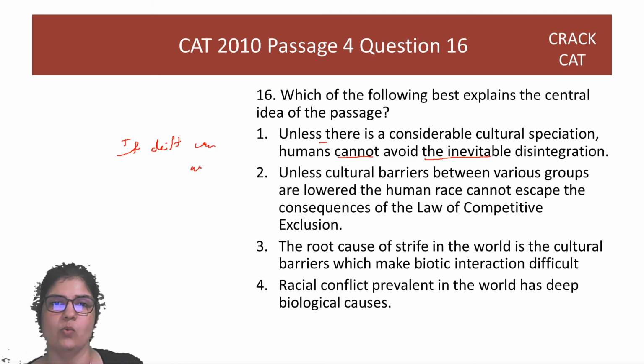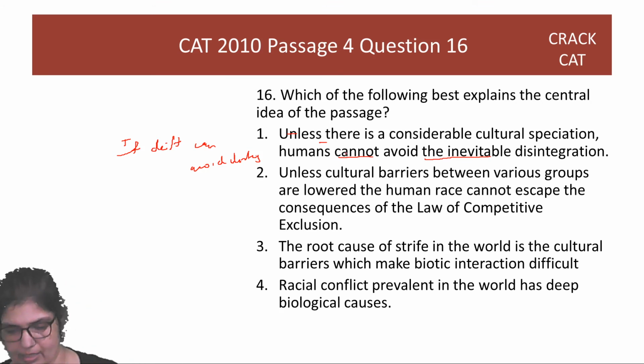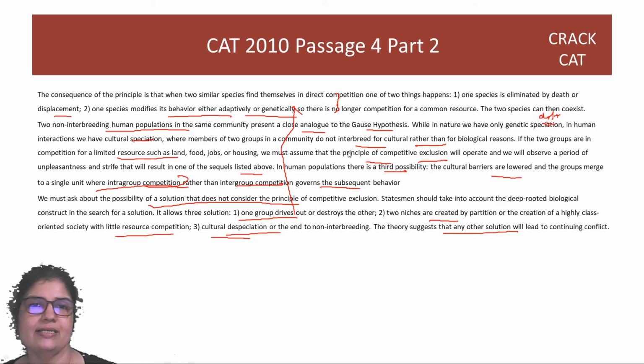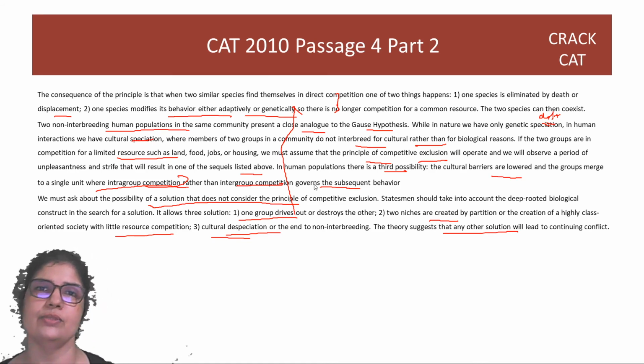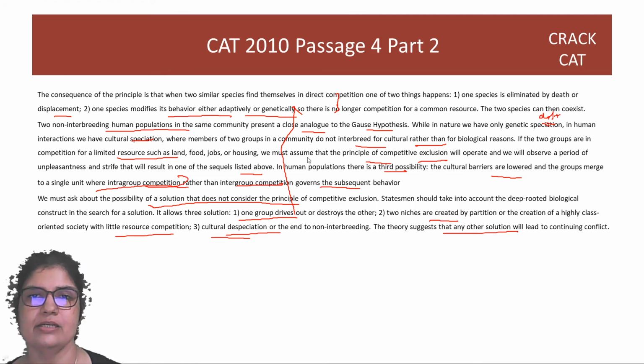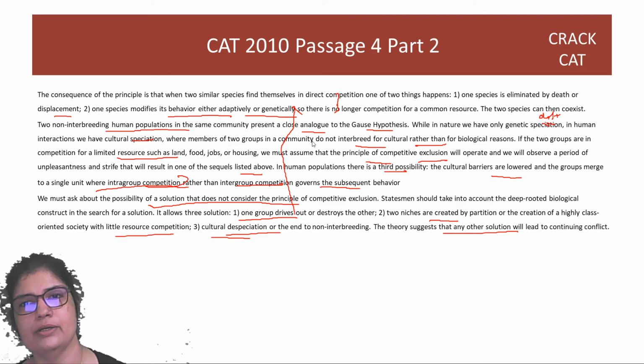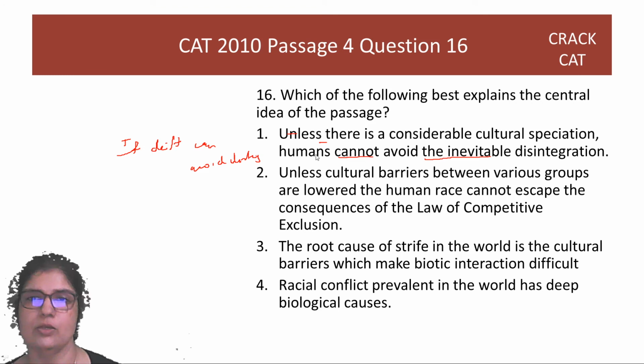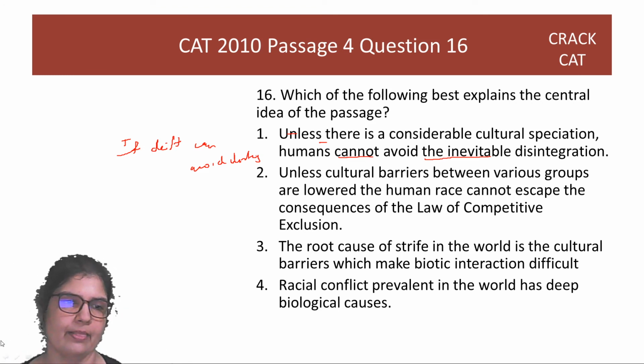We removed both negatives, unless and cannot. But what the passage says is that to avoid disintegration, you have to lower the cultural barriers. Only if there is cultural difference does the trouble happen, correct? Culturally, if you are different, then you do not interbreed, and then it leads to a problem. So one goes against the central idea.